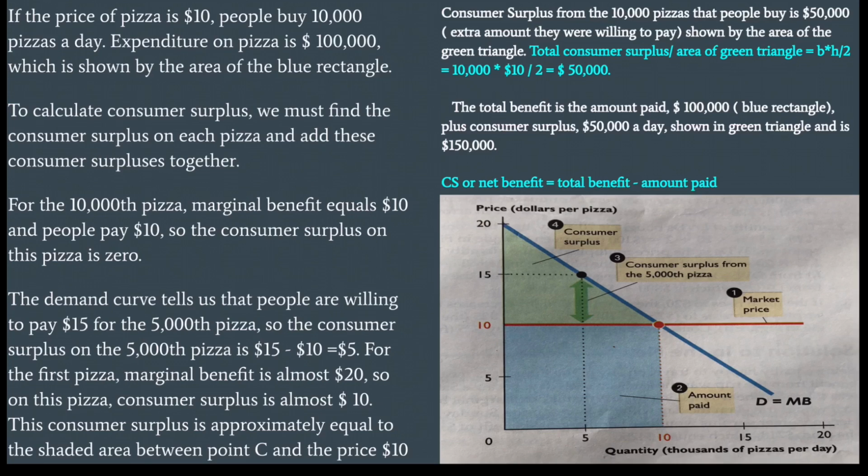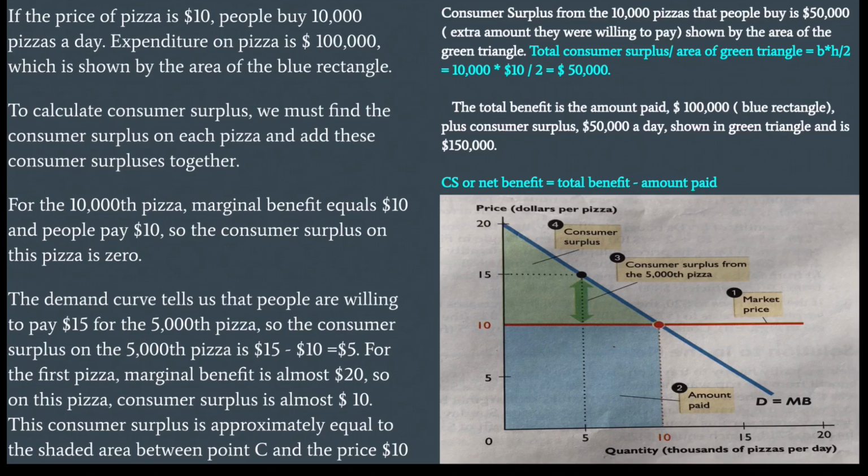That is, the 10,000 is the base of the triangle, times $10 as the height, over 2, which is $50,000, the extra amount the consumers were willing to pay for 10,000 pizzas. The total benefit is the amount paid, that is $100,000, the blue rectangle, plus the consumer surplus, that is $50,000 a day, shown in the green triangle, and is $150,000.